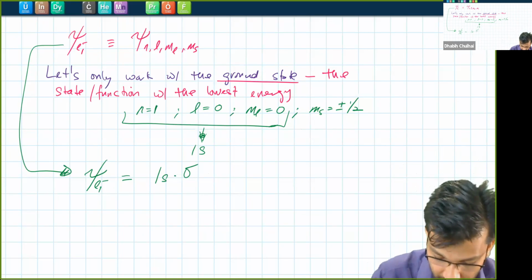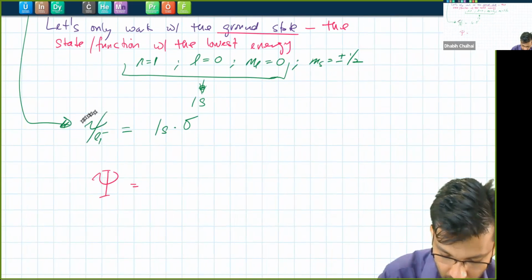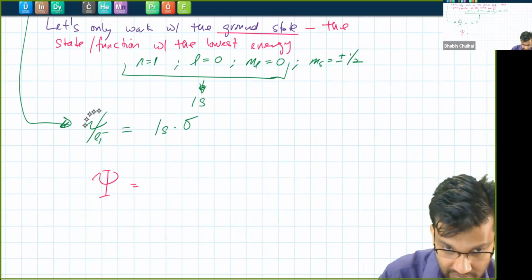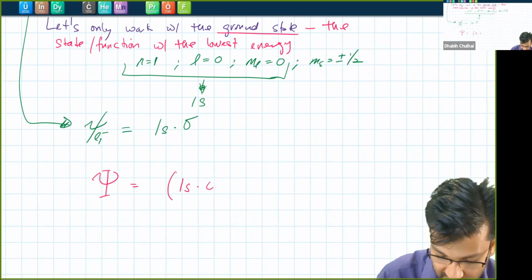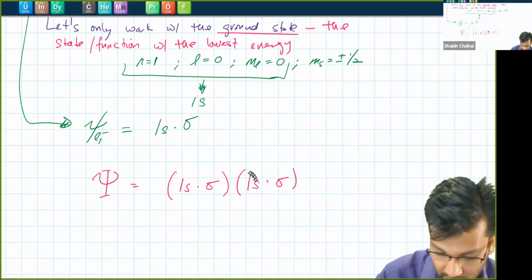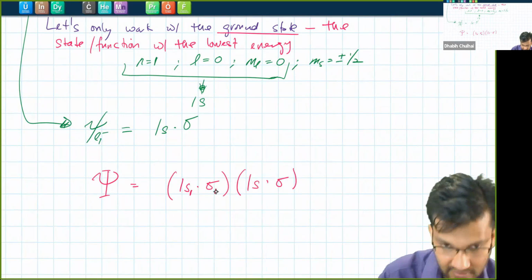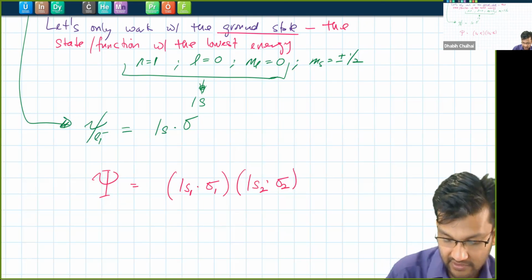So the total wave function will be an electron wave function for the first electron, which we said would be a 1s times the spin. And the second one will be the same thing, a 1s orbital times the spin. To separate these two, I'll put a little subscript 1, 1 to specify that's for electron 1, and then 2, 2 to specify that's for electron 2.